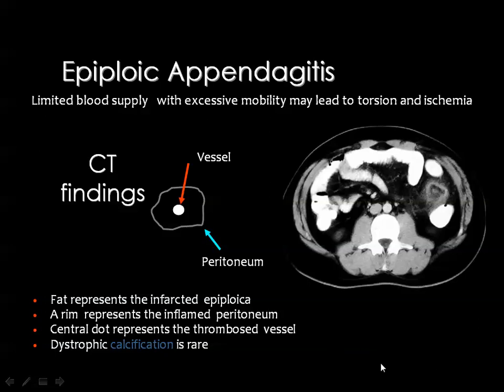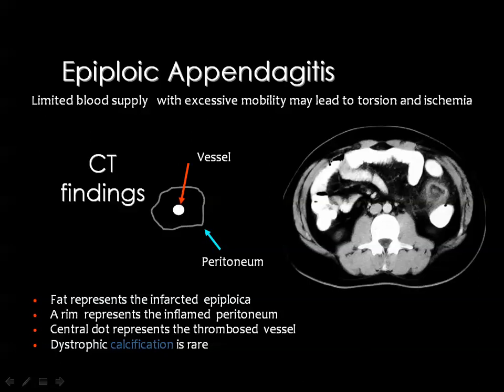The most diagnostic criterion for this epiploic appendicitis is this ring. You see this ring is formed of the thickened peritoneum along the wall of the appendix epiploica, and this intermediate zone represents the fat of the epiploica itself, and the central dot will represent the artery which has been occluded, or the feeding vessel.